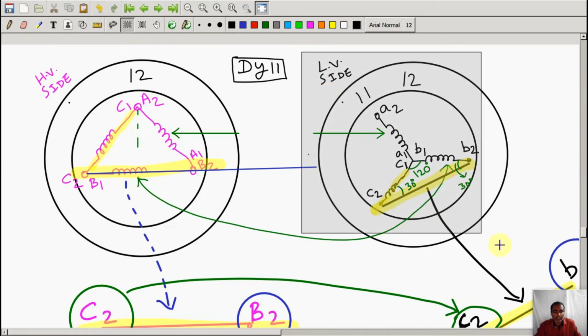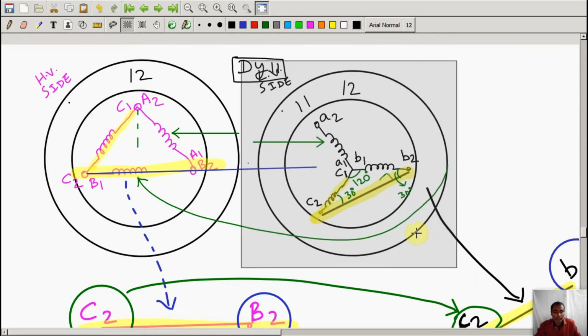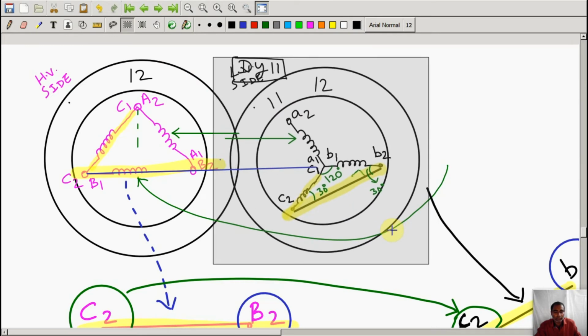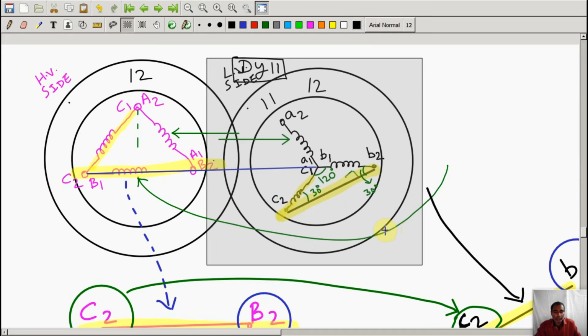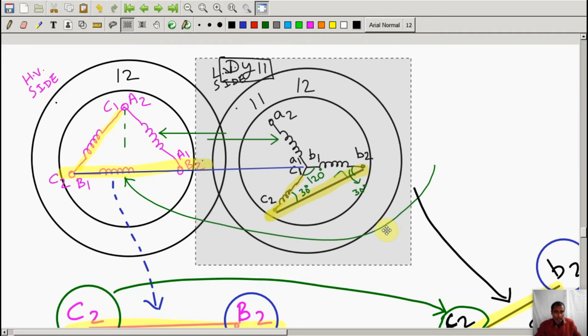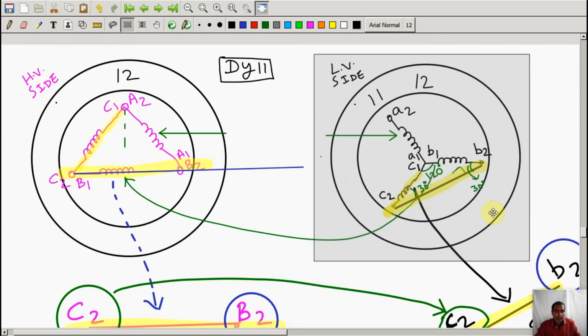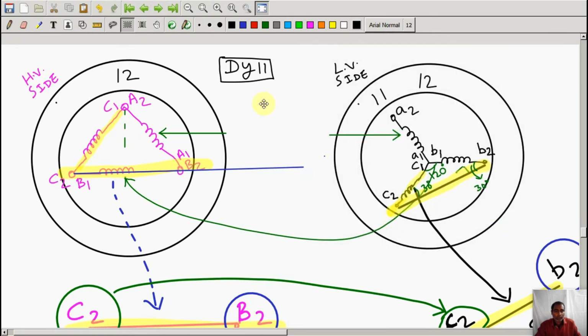Let me bring this a little bit smaller portion like this. So now let me erase this portion.